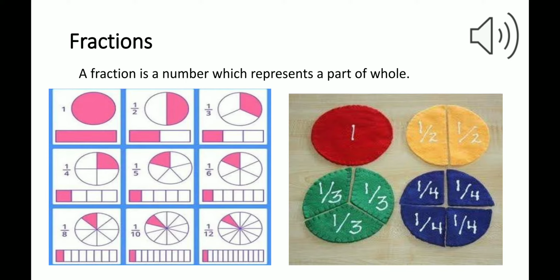So the fraction will be 1 by 3. Similarly, when it is divided into 4 parts, it will be 1 by 4, 1 by 4 and so on, because it is one part out of the 4 equal parts. So we have got some idea about fractions. Let's see more.